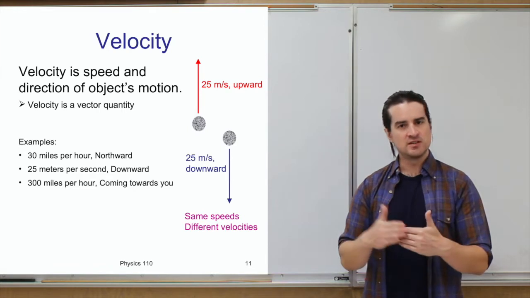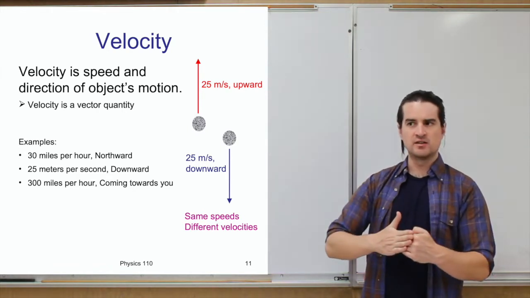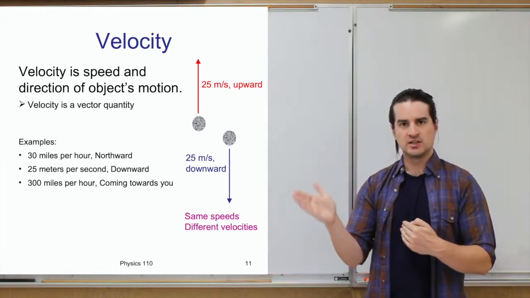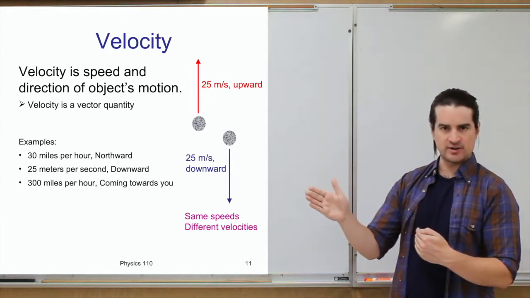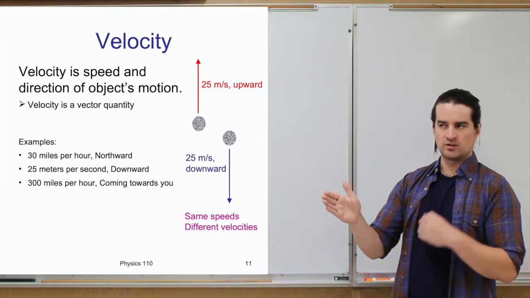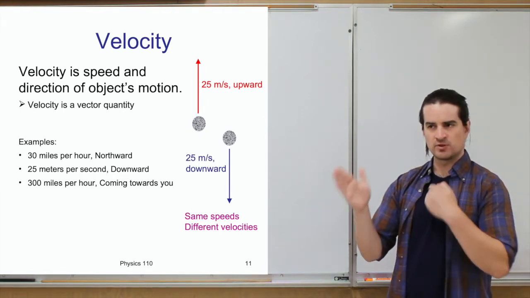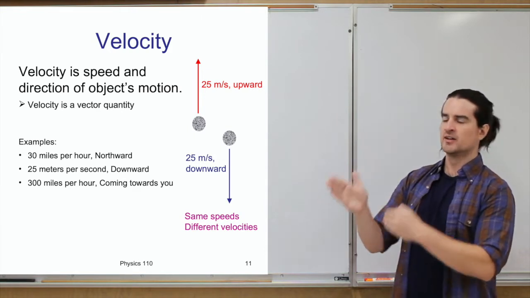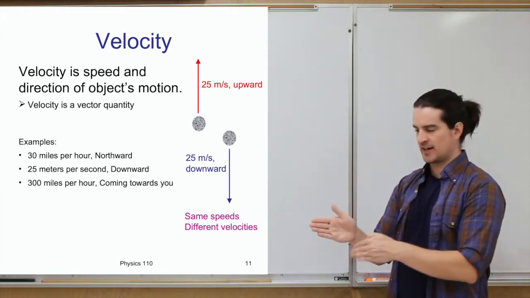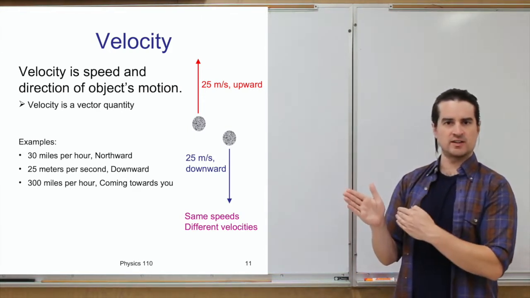Velocity is essentially speed with direction. If I say that I'm driving 60 miles an hour down the highway, well, okay, you've given me a speed, but you really haven't told me a direction. If I say 60 miles per hour north on the highway, then I have a speed, I have a direction, I know the full velocity of that car.